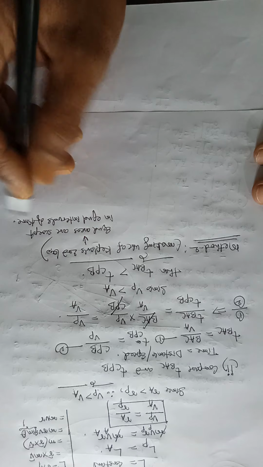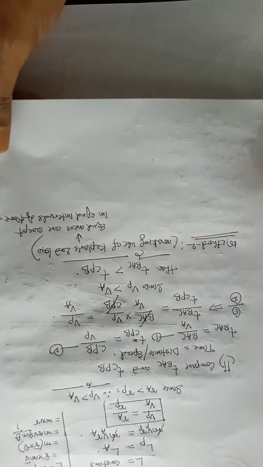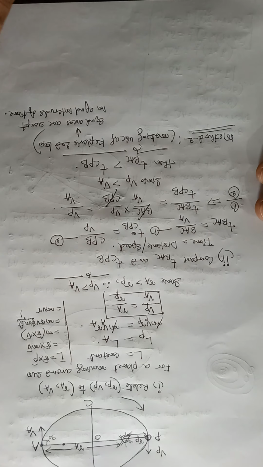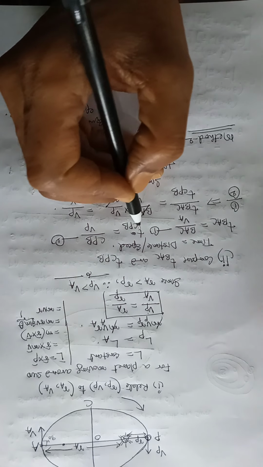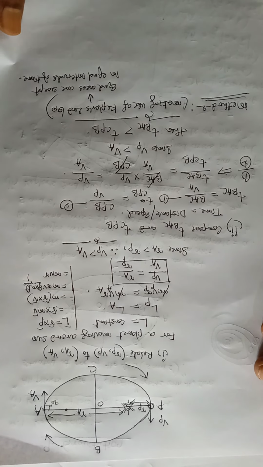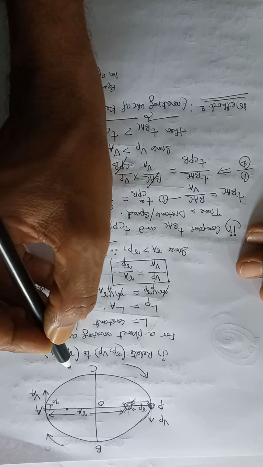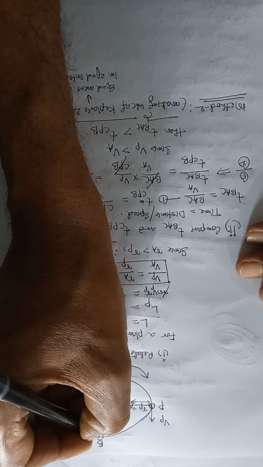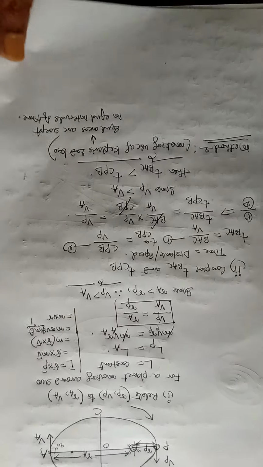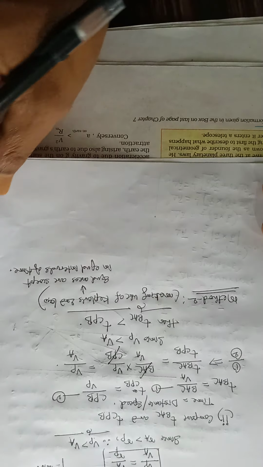Now let us look at the diagram. First one, BAC. The planet is moving from B to C. When the planet is at B, or let us draw the diagram here itself.